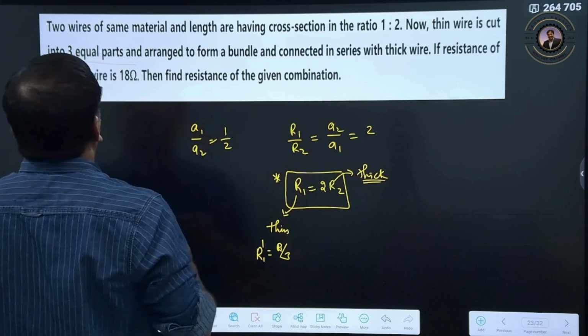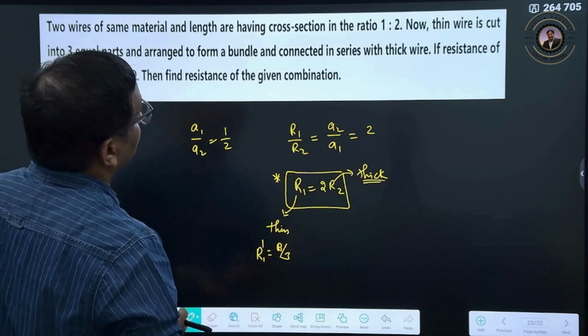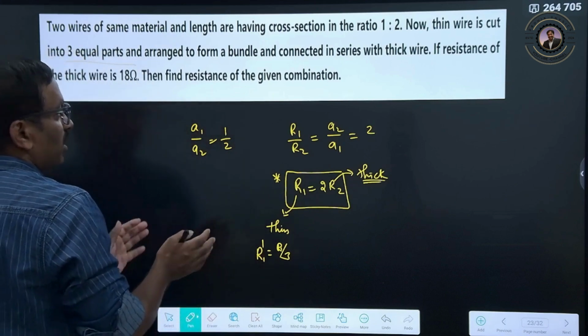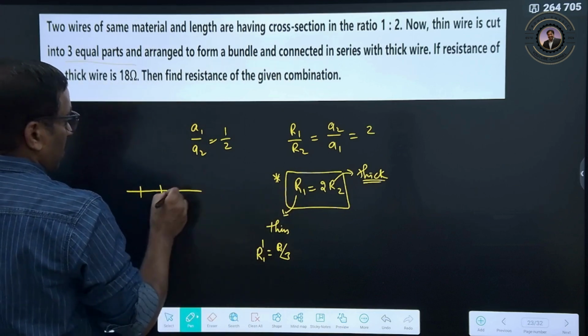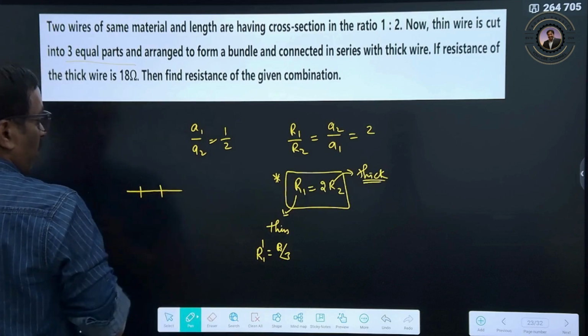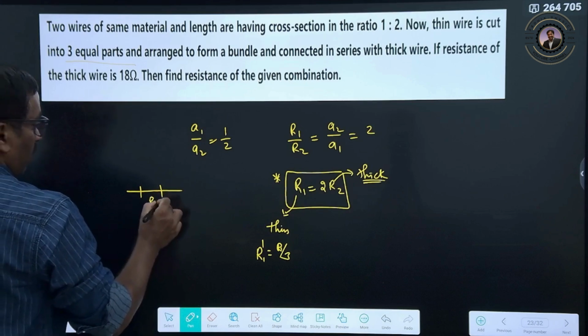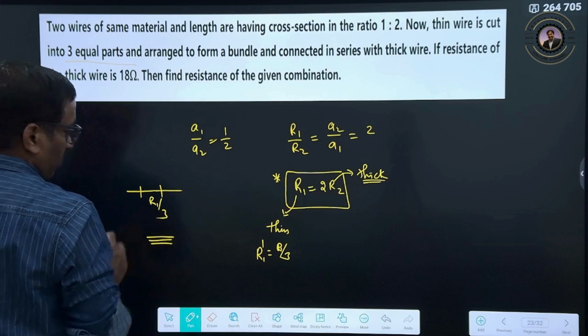So the cutting forms a bundle and is connected to the wire. What is a bundle? This is one thin wire, made into 3 equal parts. Each becomes R1 by 3, connected in parallel. Bundle means parallel. Clear?